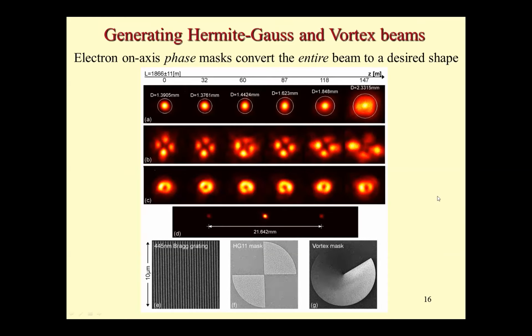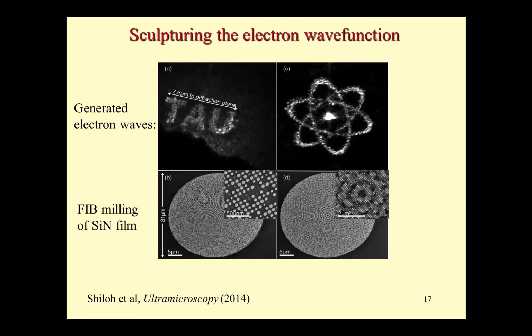But of course, we are not limited only to this; it is very versatile. So these are some more sophisticated shapes and more sophisticated masks, which were designed by the Gerchberg-Saxton algorithm. Here, this is a mask that generates an electron beam with the initials of Tel Aviv University. I want to emphasize, we are not scanning. This is the shape of the electron beam itself, okay?